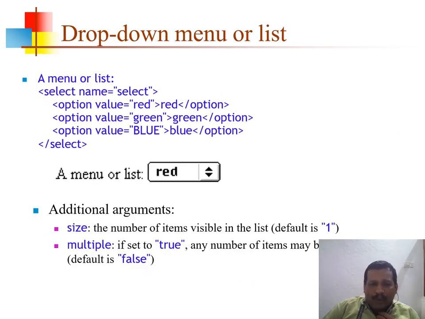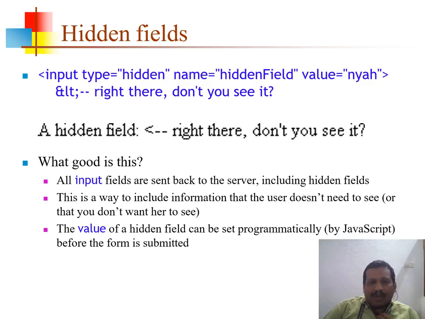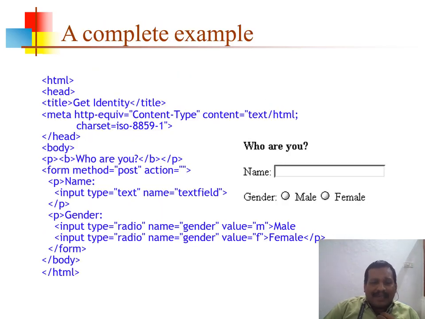This is a drop-down, which uses select name equals select, and you'll have a number of option values to display, like red, blue, green. An example is given here. This is a complete example which clearly explains how a form element can be designed.